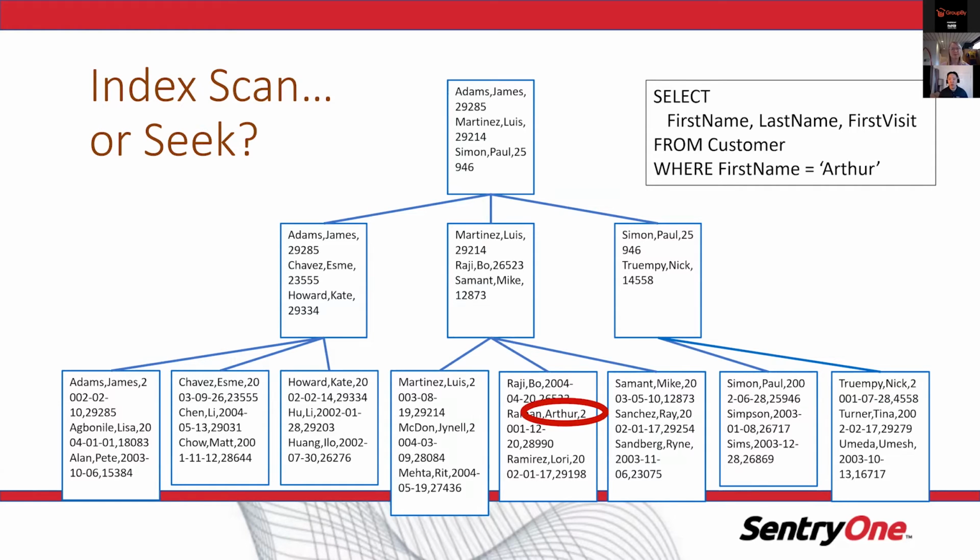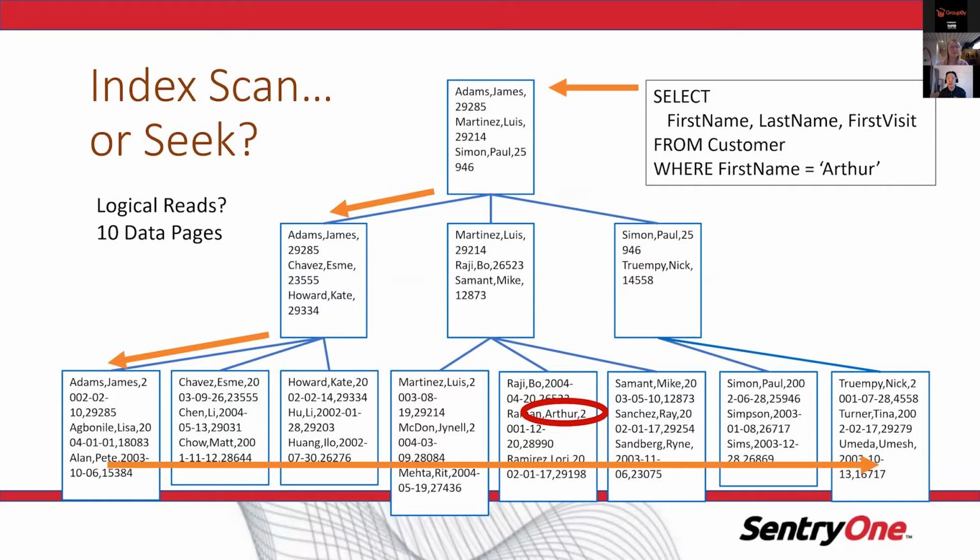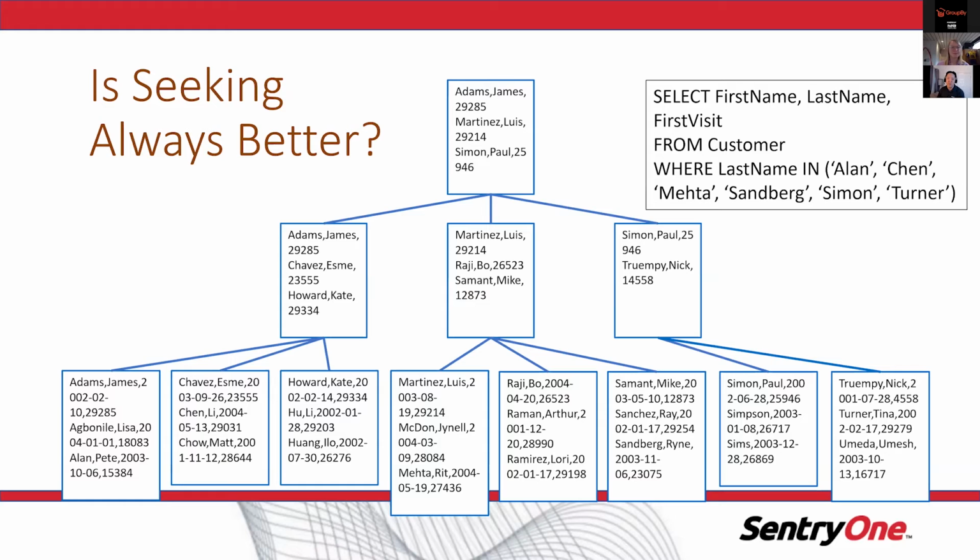The answer is no. I must unfortunately do a full index scan here. And I can't necessarily stop in the middle because I could have many records where Arthur happens to be located instead of just one in this simplistic example. So I must do a full index scan. In this case, again, 10 data pages is our cost from an IO perspective.